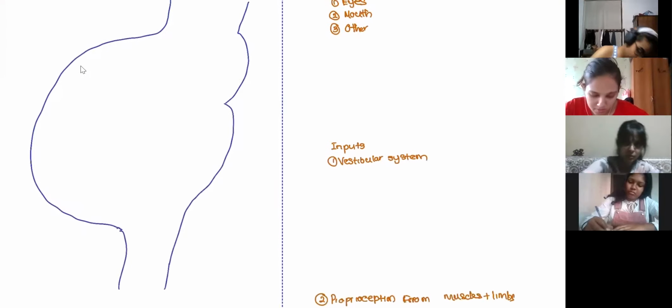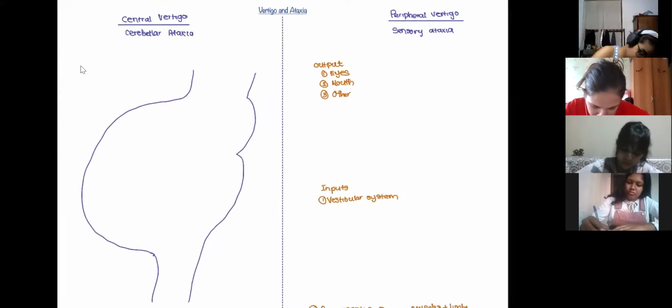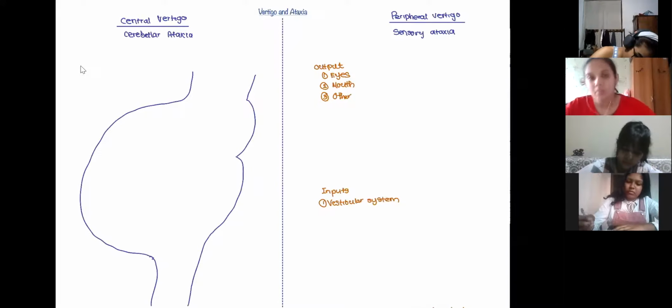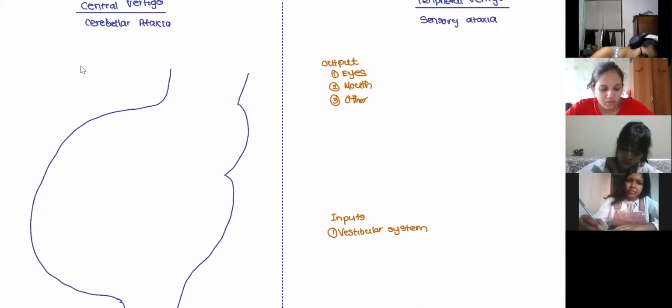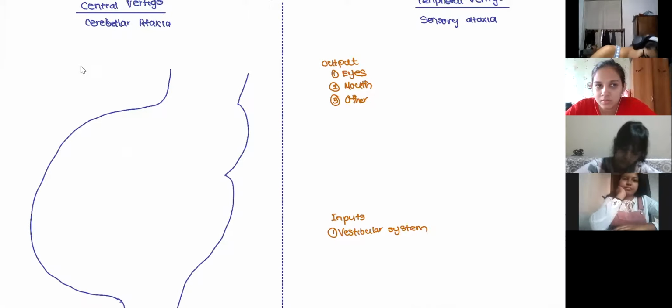Now, remember this: central vertigo or cerebellar ataxia is damage to anything of the central nervous system. If there is damage to the cerebellum, it can lead to central vertigo and cerebellar ataxia.